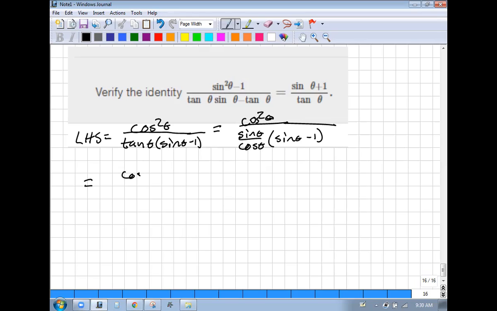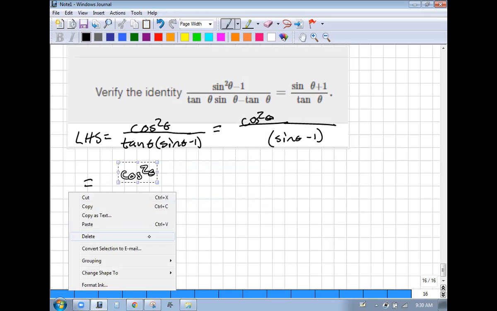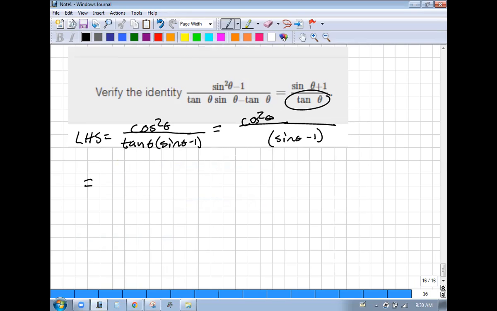And how about this? What am I going to do here? No, let's not do this. This is a bad idea. Why is that a bad idea? Because this has tangent on the bottom. I got tangent on the bottom. That's the one thing I want to leave alone, right?